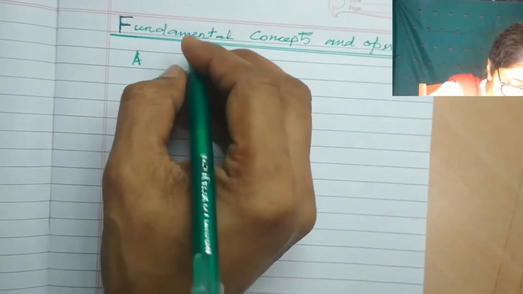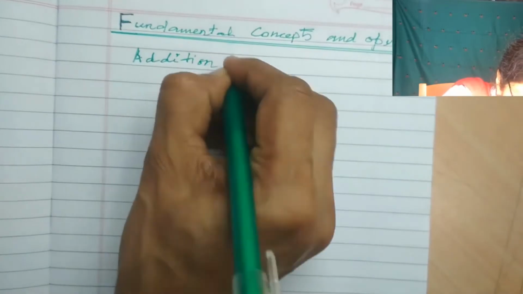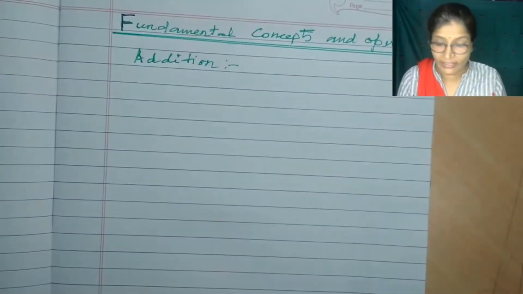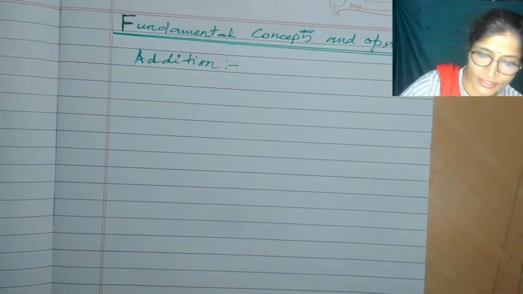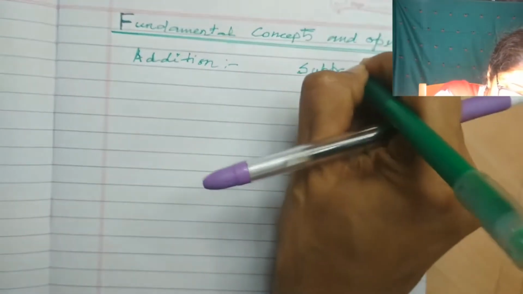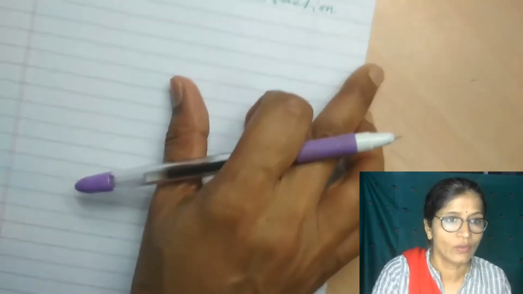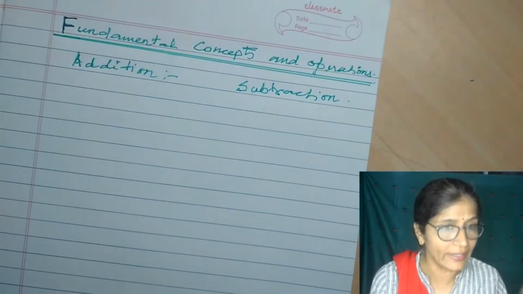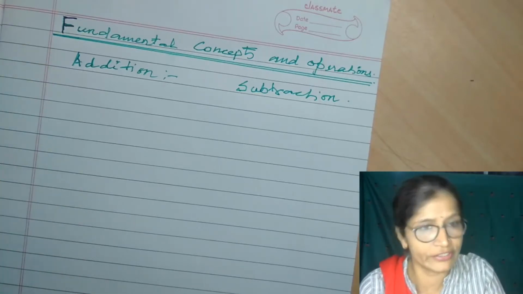First is the addition or subtraction. In case of both addition as well as subtraction, what we have to do is collect the like terms together, and then add the numerical coefficients, and then write the literal coefficient along with that.